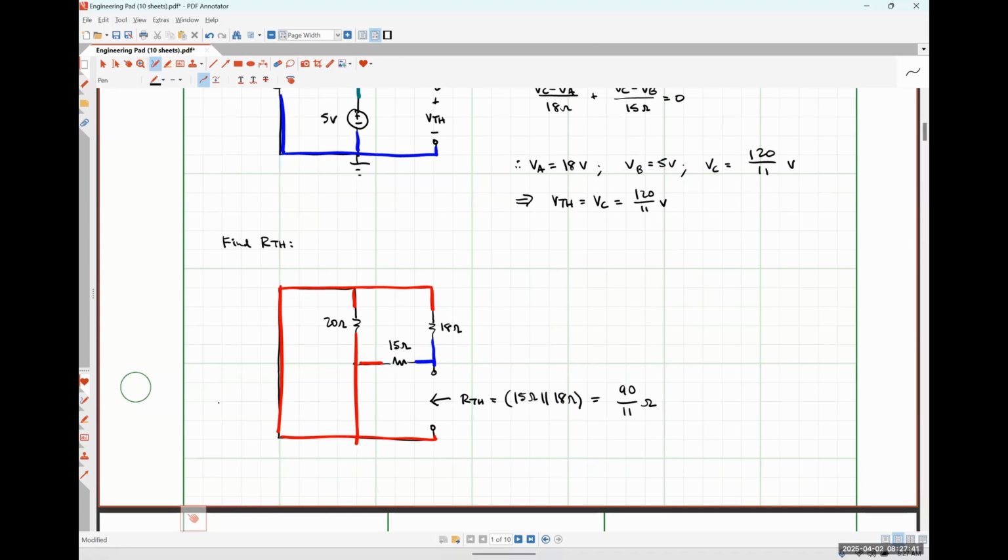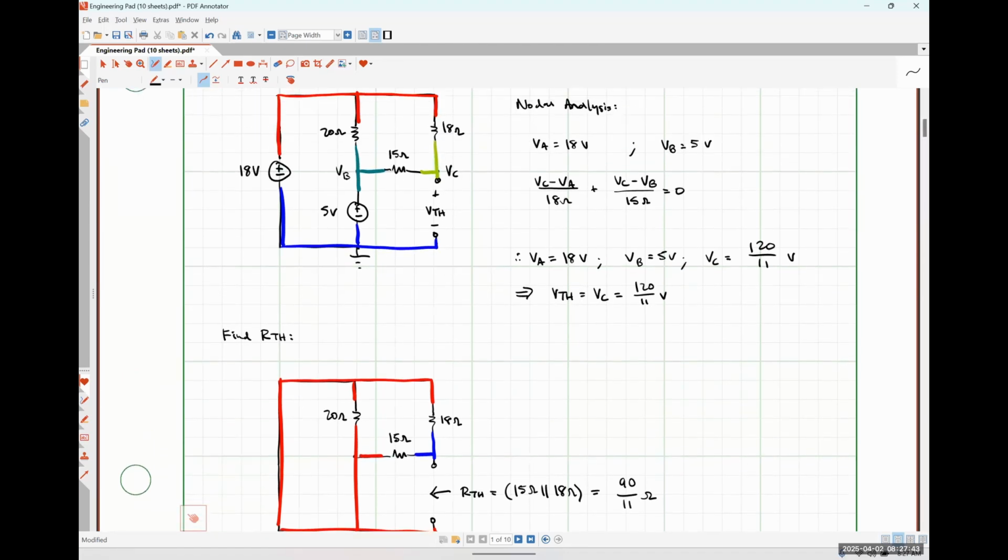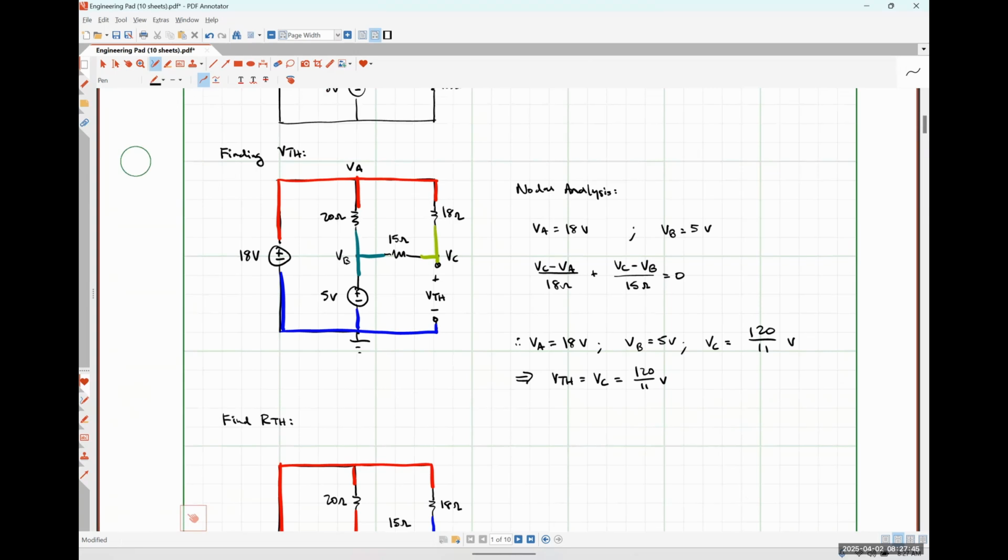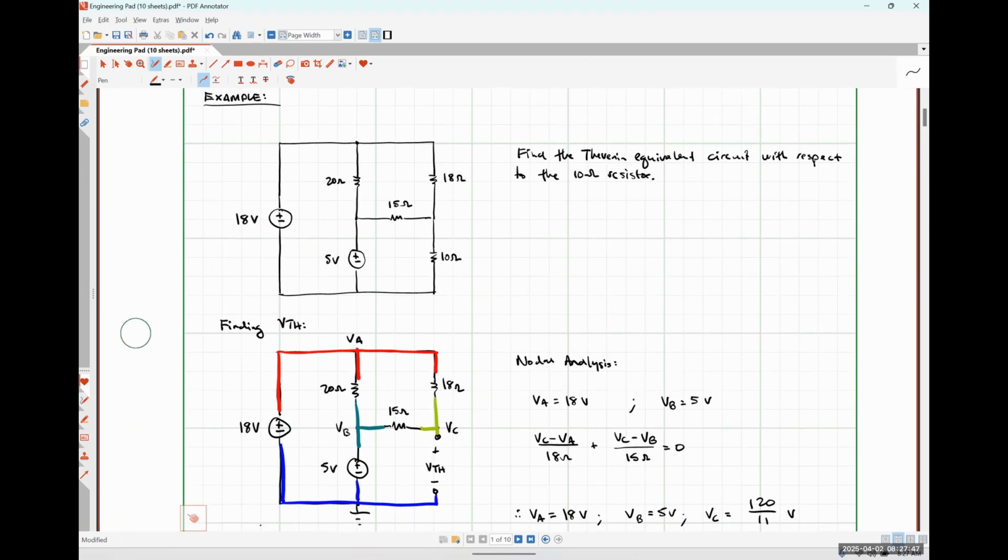Okay, so this might seem like a silly question, but how would this process have been different if we were asked to find the Thevenin equivalent resistance with respect to a set of terminals instead of a particular component? We wouldn't have to take a circuit element out to start. That's literally the only difference.